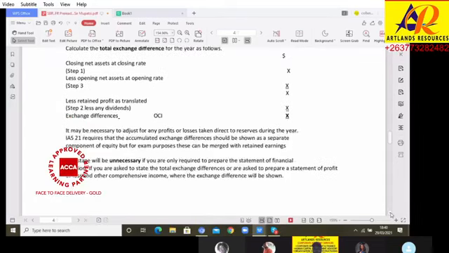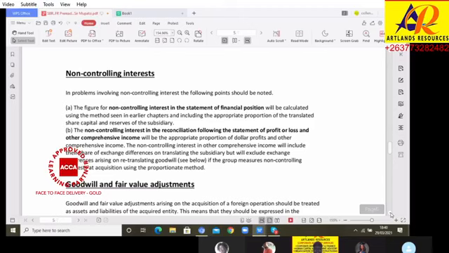Now let me show you how the case is when it's full goodwill method. But before I come to that, let me just mention something about exchange losses. So what I'm saying is exchange losses on translation of foreign operations' net assets are shared between parent and NCI in terms of their ownership or acquisition ratios.